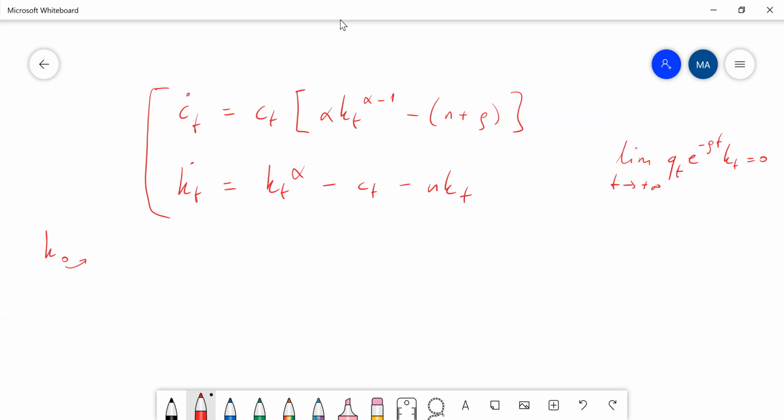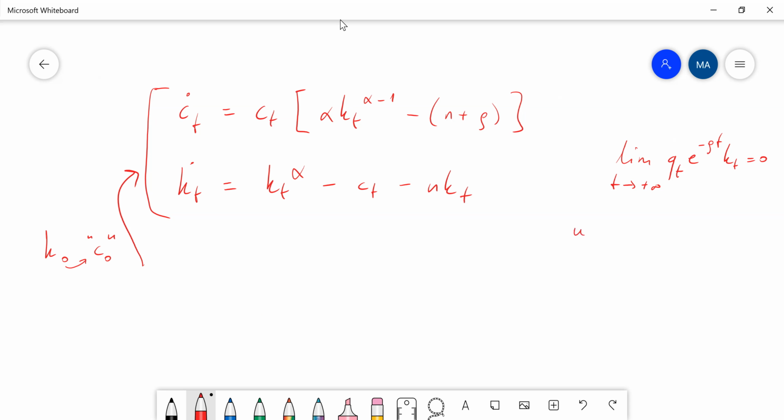So at t equals 0, I have to choose some C_0. But then starting in this position, so this is what I choose, starting at that point, the system should obey these equations.